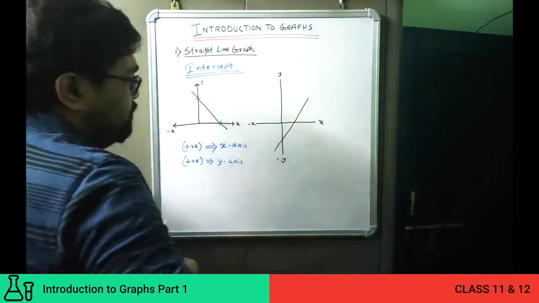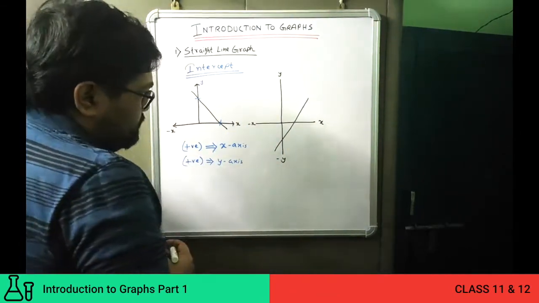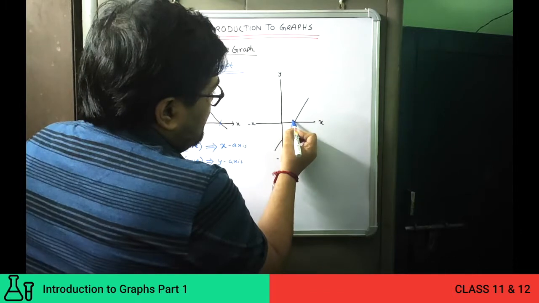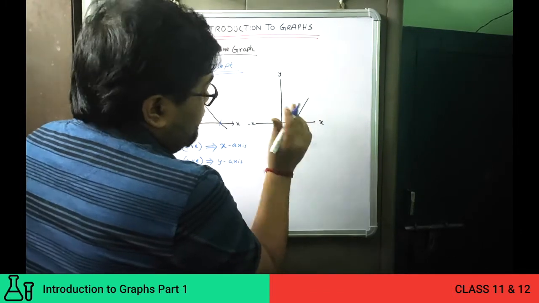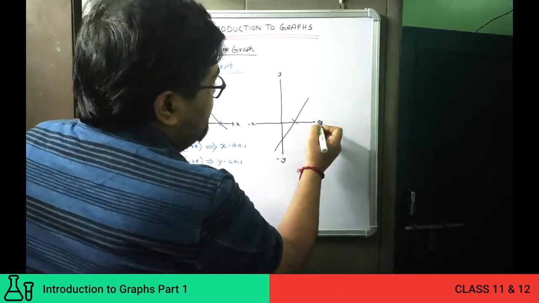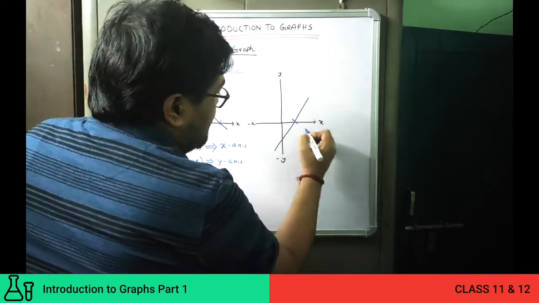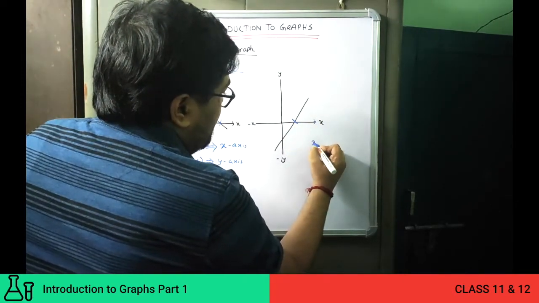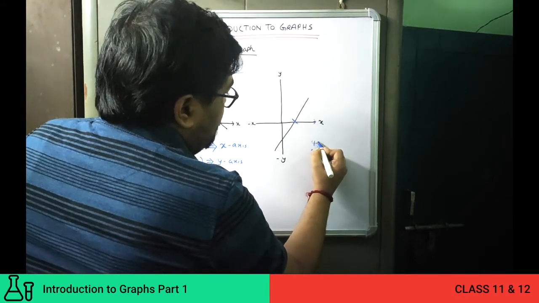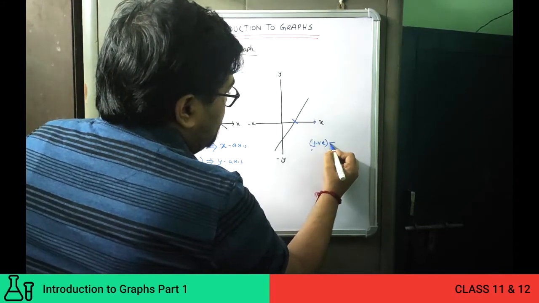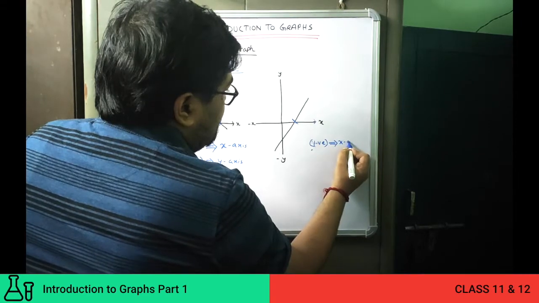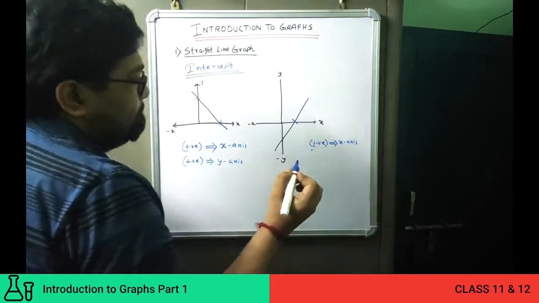Now, let's move on to this graph. Here you can see that the line intersects the x-axis in the positive direction. So, we can say that this line makes a positive intercept with respect to x-axis. Okay.